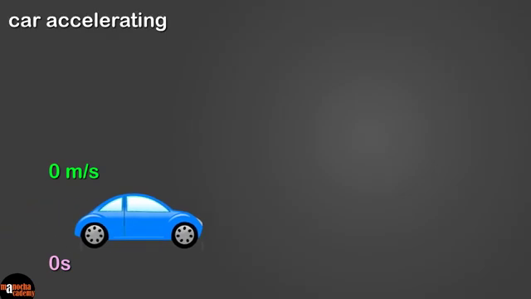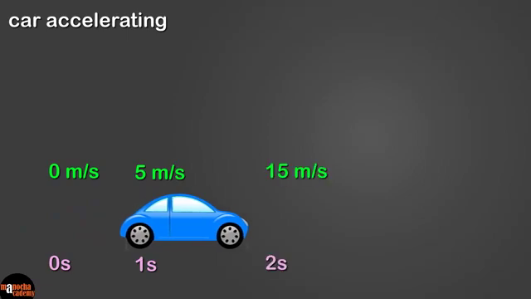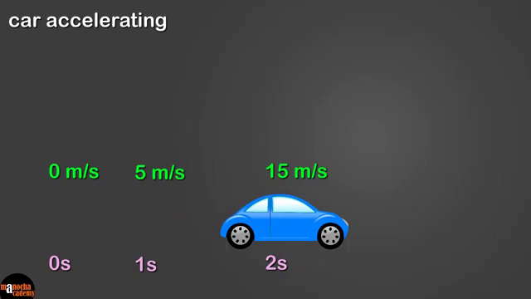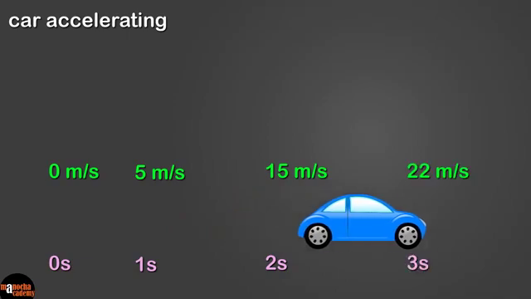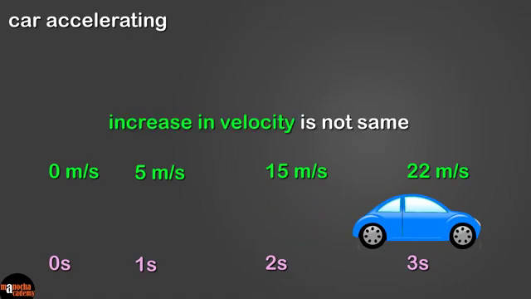Let's say after 1 second, the velocity is 5 meter per second. And after 2 seconds, the velocity increases to 15 meter per second. And after 3 seconds, the velocity is 22 meters per second. So can you see that every 1 second, the increase in velocity is not the same? Because in a practical scenario, it's really hard to accelerate the car at a constant rate.